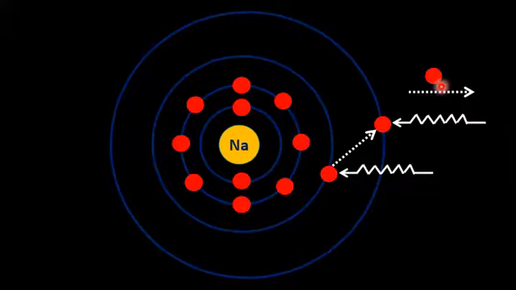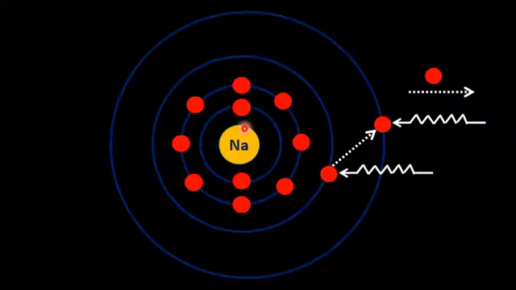Now, an interesting question here is why the valence electron, or the outermost electron in an atom, is easily ejected by heat as compared to the electrons present in the inner shells. The reason is quite simple, dear students.